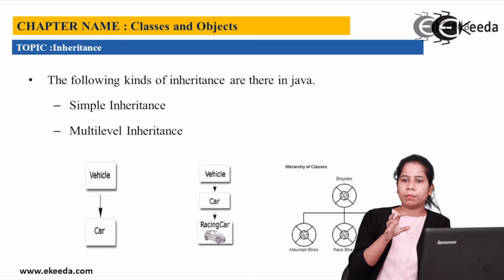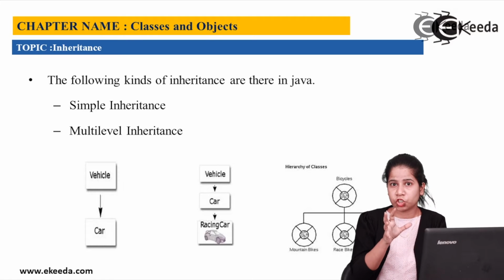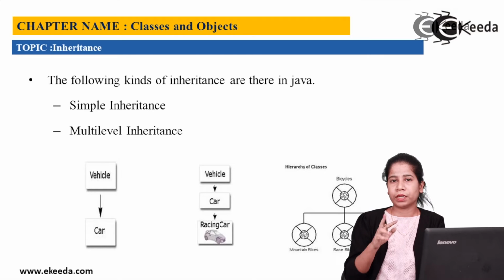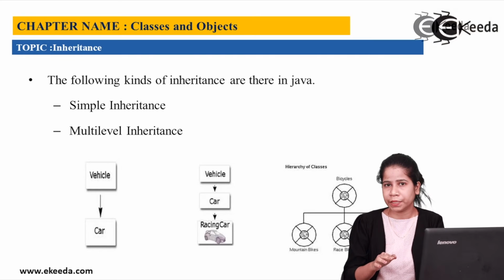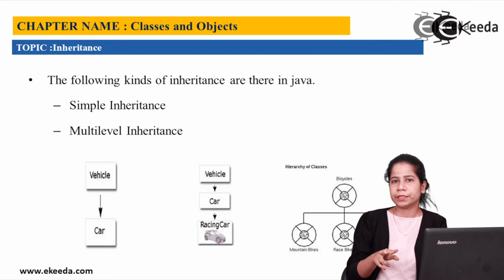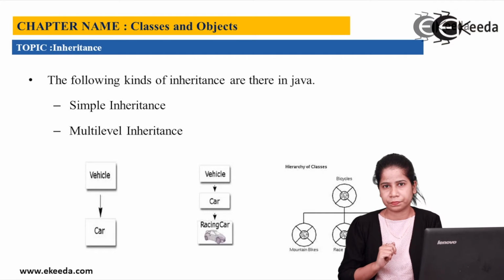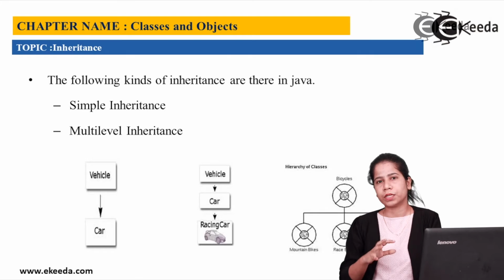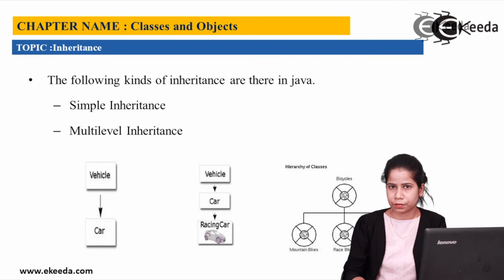Now I'm having one class, C, which is a child class of these two. So in this case, there are two parents of one child. This type of inheritance is known as multiple inheritance.